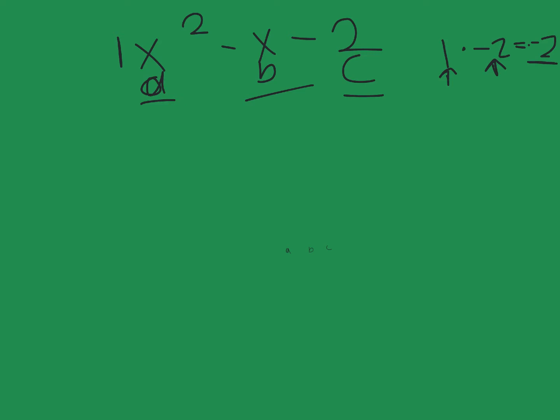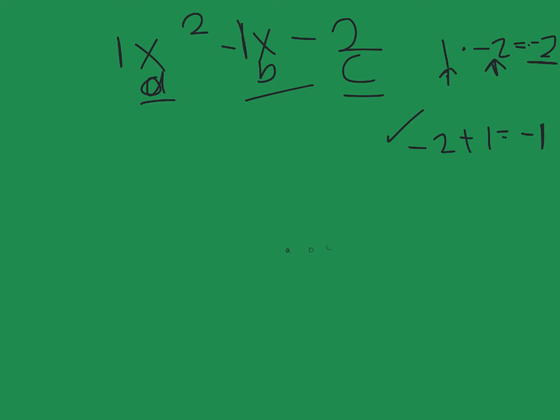So let's see, if we do -2 plus 1, it'll give us -1. So it gives us the coefficient here because remember this has a coefficient of 1. So these work because -2 times 1 equals -2, and -2 plus 1 equals -1, which is our b. So this one will work perfectly.